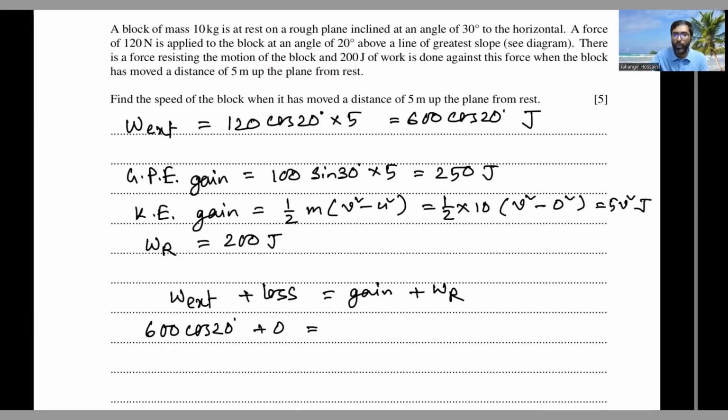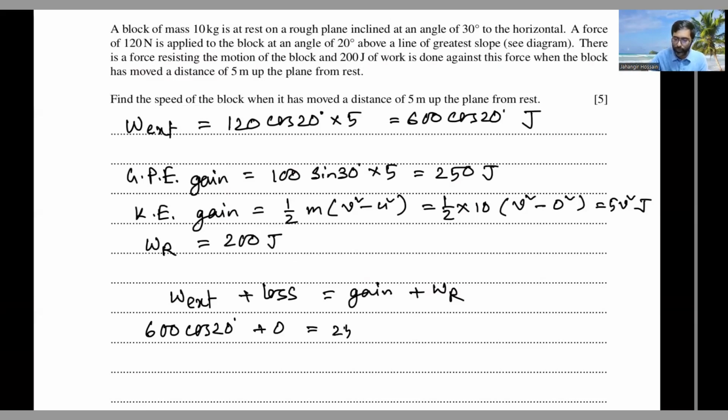There are two types of gain, GP gain and KE gain.